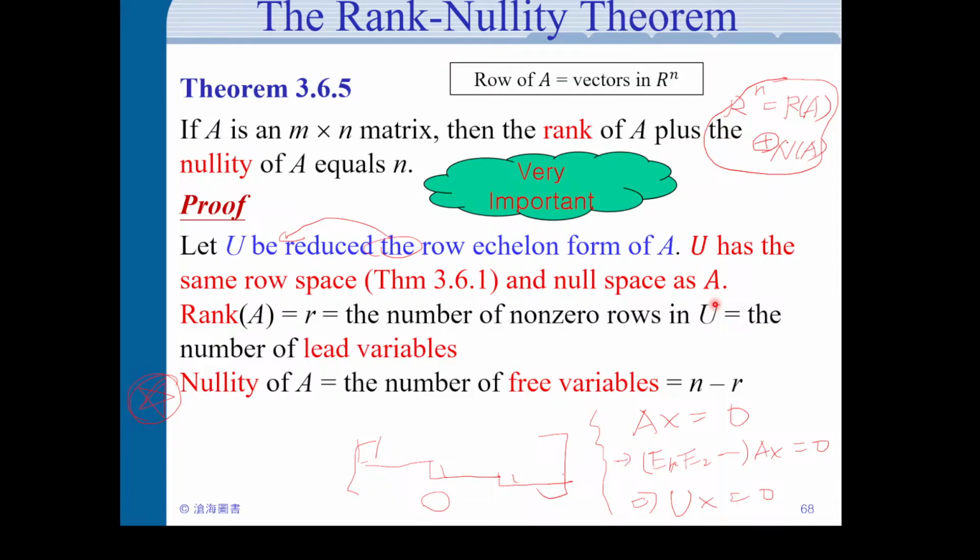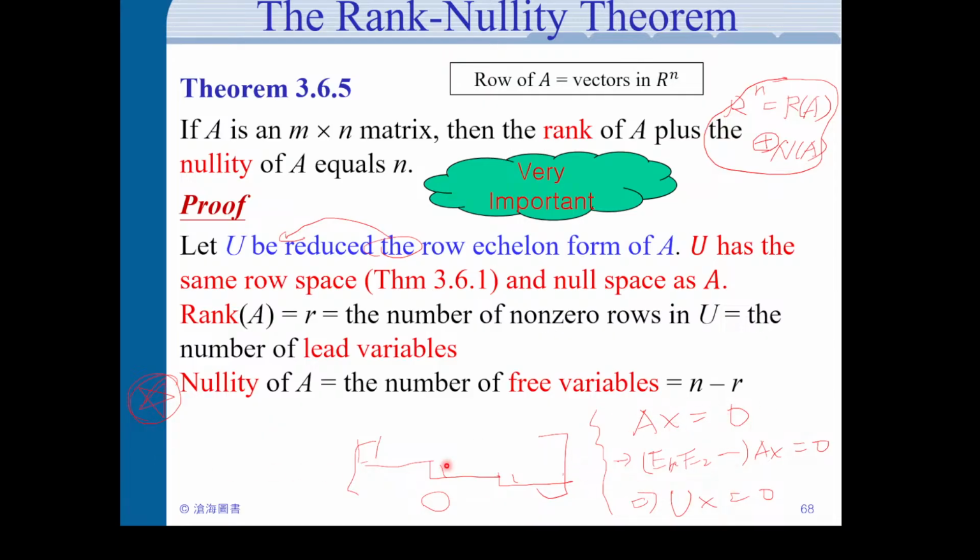So we actually have two statements here. U has the same row space as A, which we already proved, and U has the same null space as A. This is not too hard to prove. Here we prove one direction. Say some X is in the null space of A. That means AX is equal to 0.